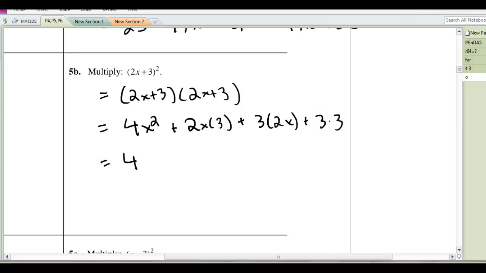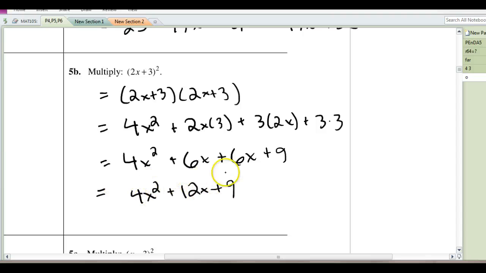So we get 4x squared, plus 6x, plus 6x, plus 9, which is 4x squared, plus 12x, plus 9.